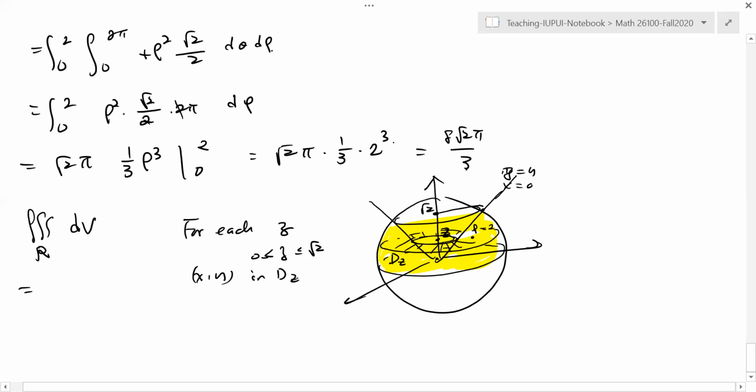Now, what is the equation for x, y? If you project, x squared plus y squared is smaller than or equal to 4 minus z squared, because it's inside the sphere. But it's greater than z squared, because the equation for the cone is z squared equals x squared plus y squared.